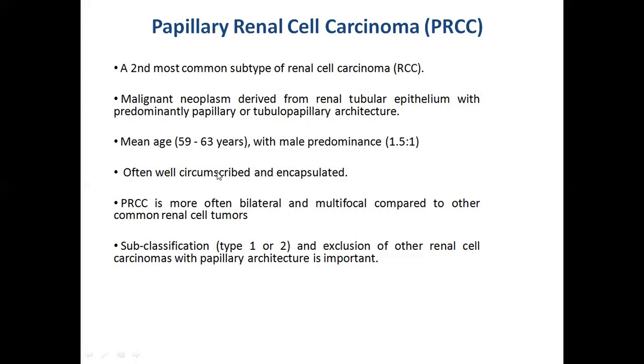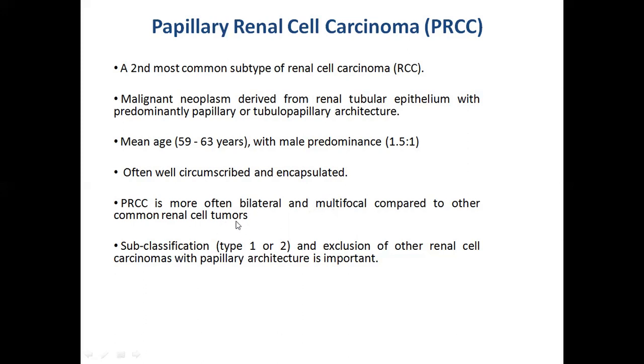These tumors are commonly well circumscribed, and they are encapsulated as well, but sometimes they can have a pseudocapsule. These tumors commonly arise from the cortical region, and are often bilateral and multifocal compared to other tumors.